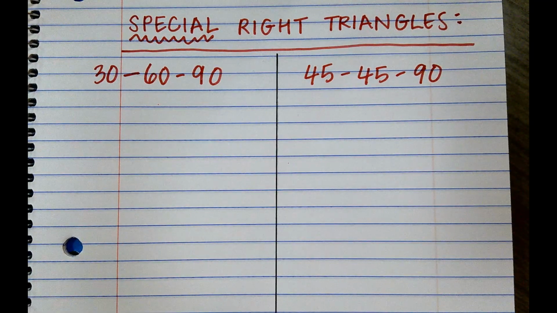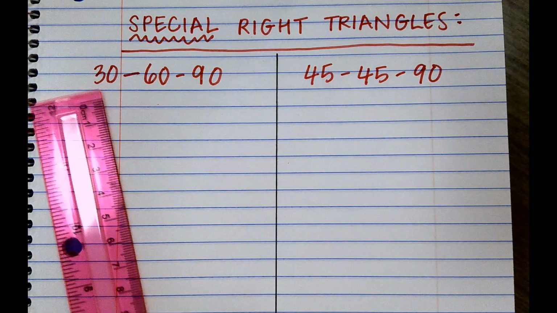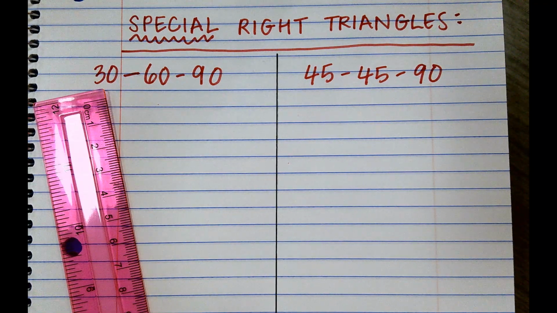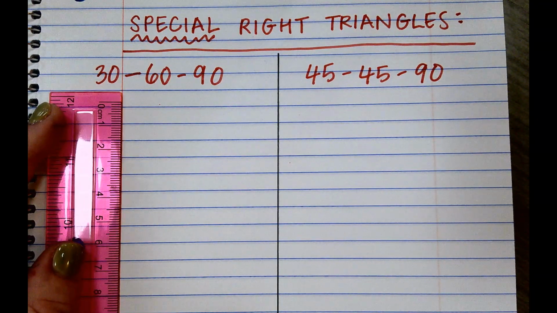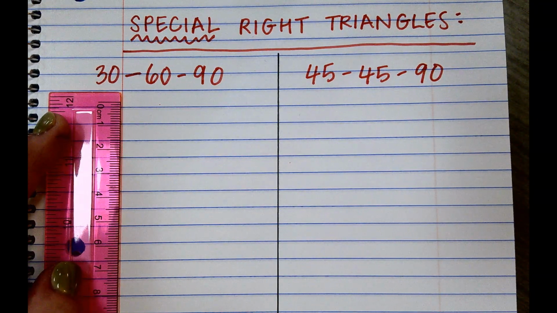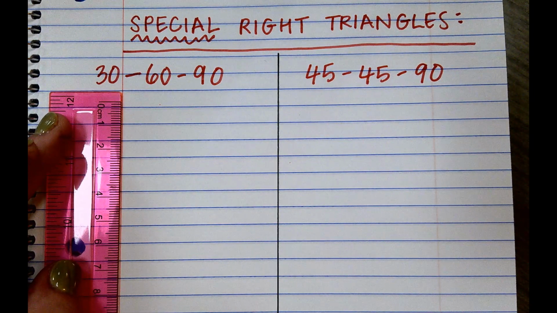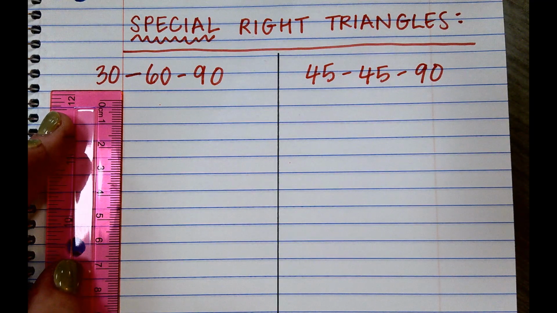So I'm going to grab my ruler and we're going to draw a picture here for my 30, 60, 90. Start with a line going straight up and down. And I'm going to make my first line 5 centimeters.